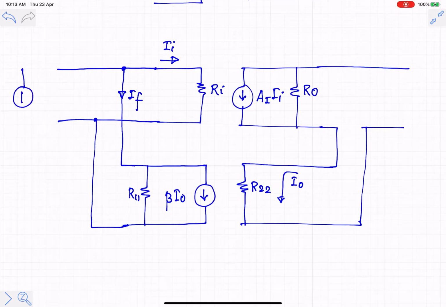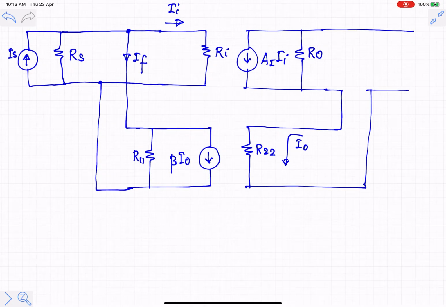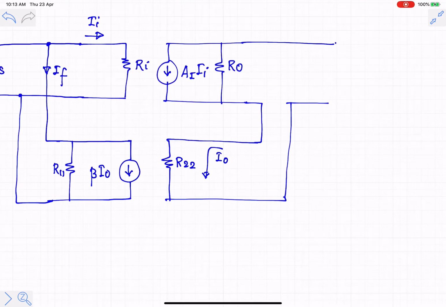This is the input current source Is, and its own impedance is Rs. And we have non-zero load impedance for the complete amplifier, which we show by RL.